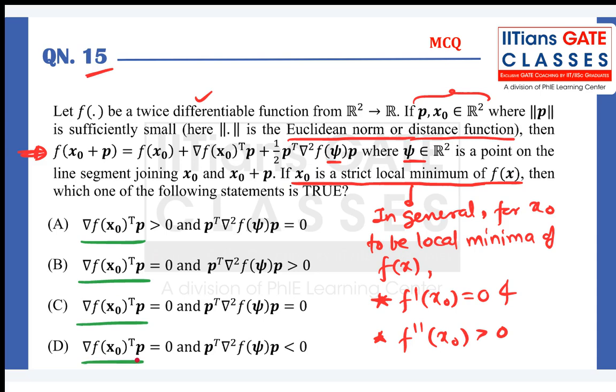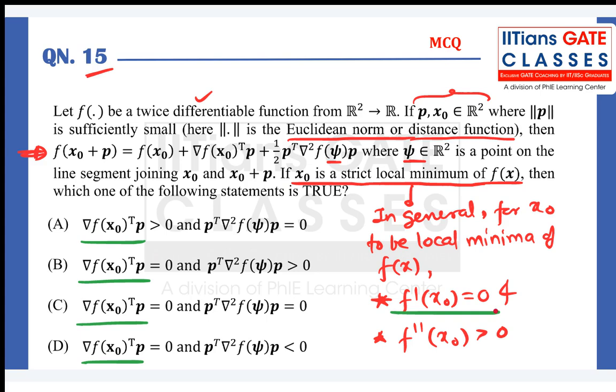Basically it resembles our first condition, which is that the first derivative of f of x at x naught should be 0. Instead of derivative, they are taking gradient. If you remember, derivative is in one direction, but gradient will have multi-directional components. If you take gradient in a single dimension, that is nothing but the derivative. This much we have already discussed.